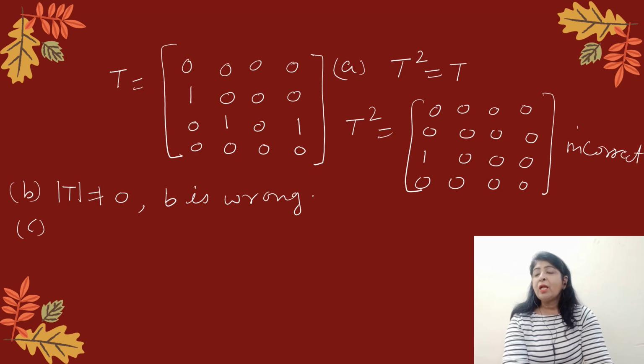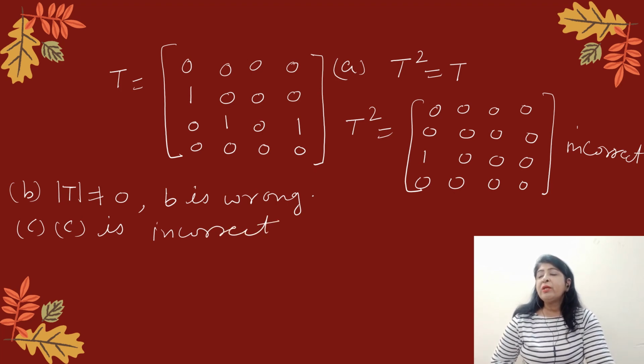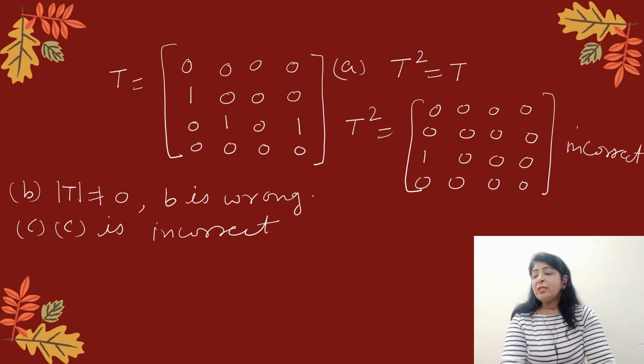So C is also incorrect, because when you take the determinant of T, one row, or sorry column C3, is 0. So that's why the value of determinant T will be 0.